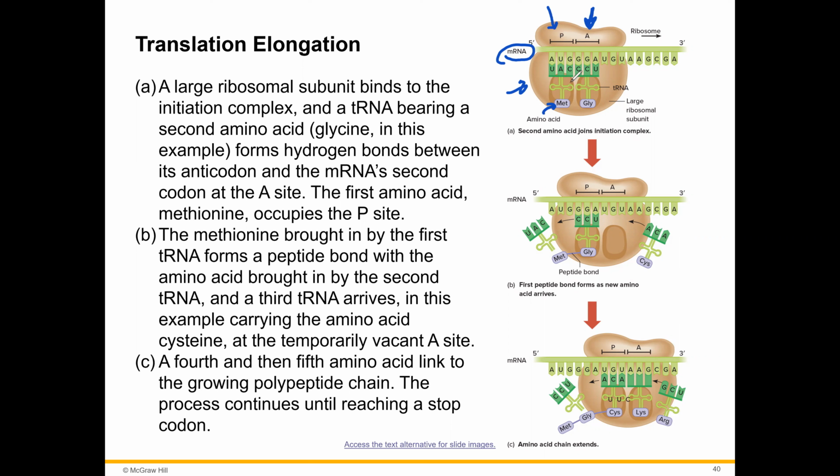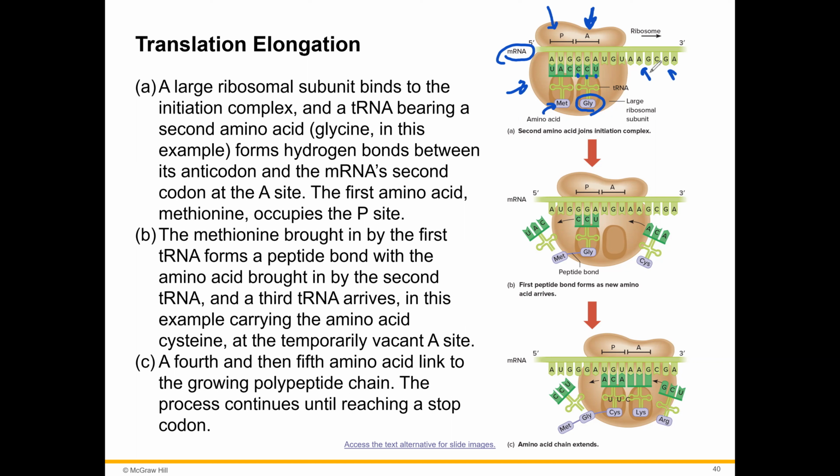So when we form this initiation complex, we have another tRNA that's going to bring another amino acid. In this example, the tRNA has anticodon CCU, see over here, and CCU carries glycine. This tRNA tries to attach here, it can't, right?